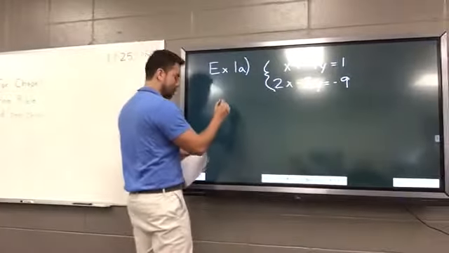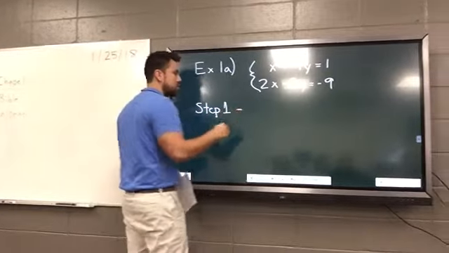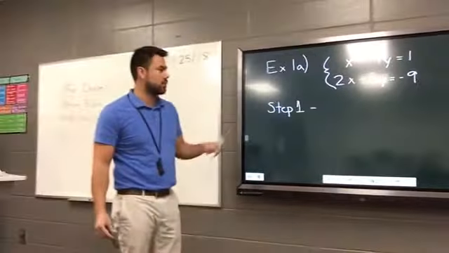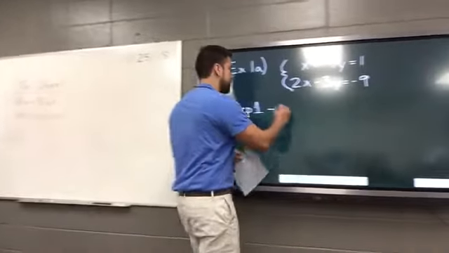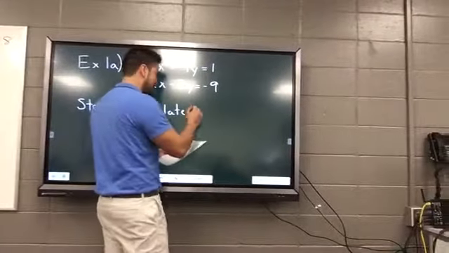All right. Step 1. I'll write out the step and its instructions in this problem, and then I'll just go through it in the other examples. Isolate. This is where you have some flexibility.